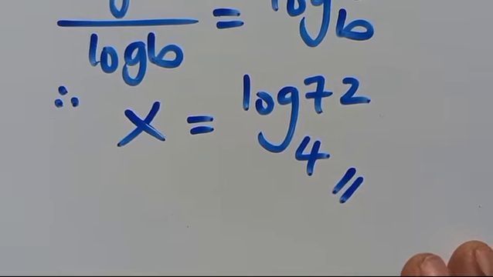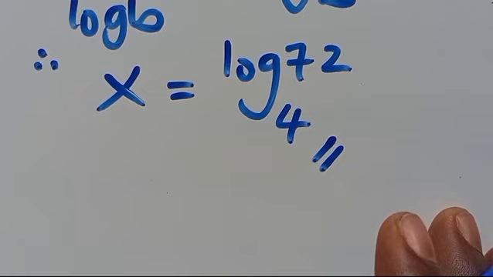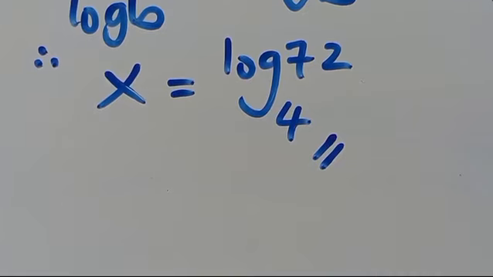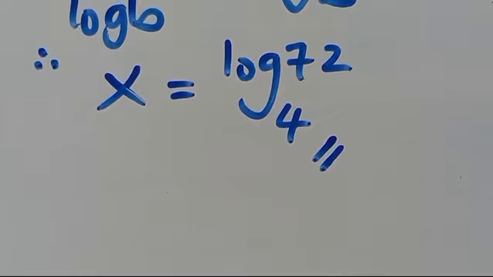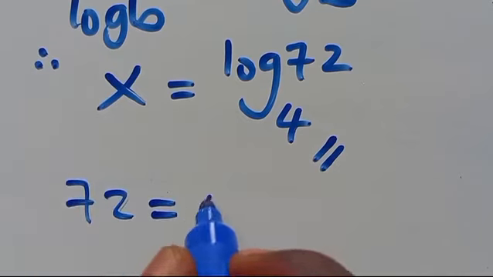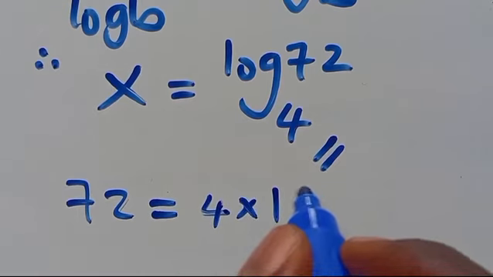But if you want to simplify this further, we can recall that we have 72 in simplest form to be 4 times 18.